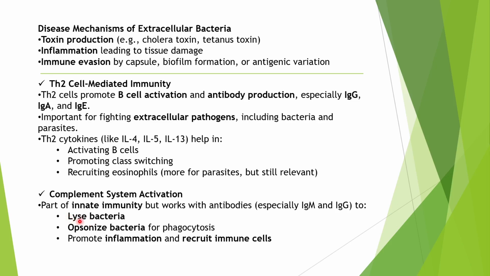It creates a pore in the bacteria and helps in bacterial lysis, and opsonizes the bacteria, that is, tags the bacteria for phagocytosis, then promotes inflammation and recruits immune cells. So these are the two major responses of the host system against extracellular bacteria.